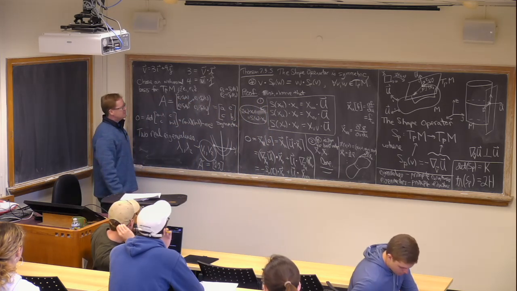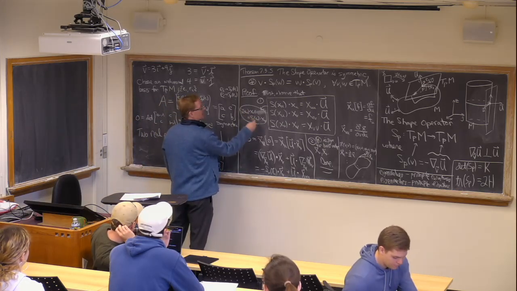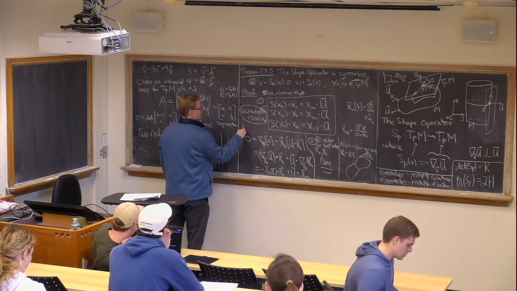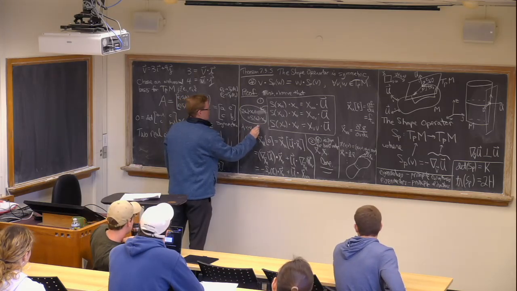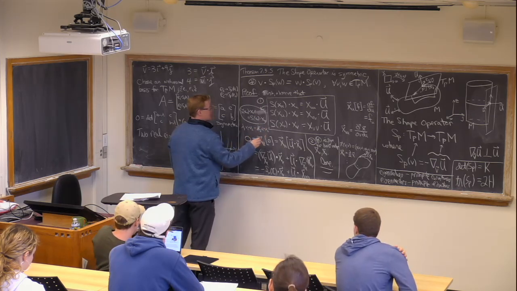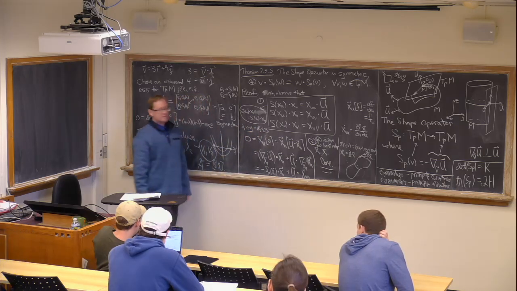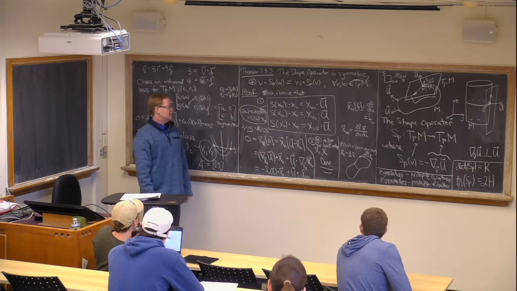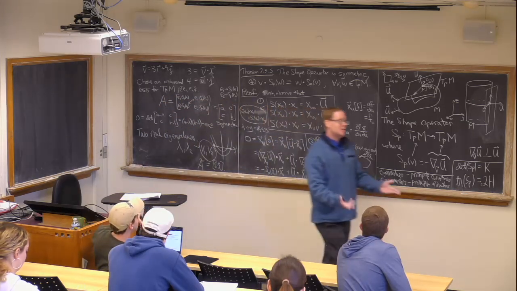If you just plug in this equation for V1 and V2, what you end up getting is lambda 1 V1 dot V2 equals lambda 2 V1 dot V2. So if lambda 1 is not equal to lambda 2, then V1 dot V2 must equal 0. Now if lambda 1 and lambda 2 are equal, that means every vector is an eigenvector, and your matrix is just a multiple of the identity.